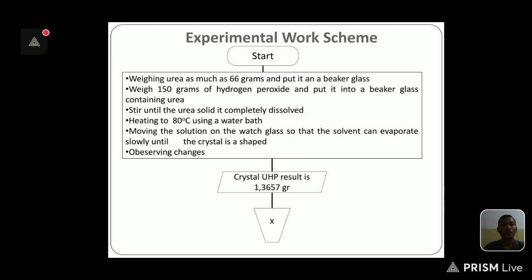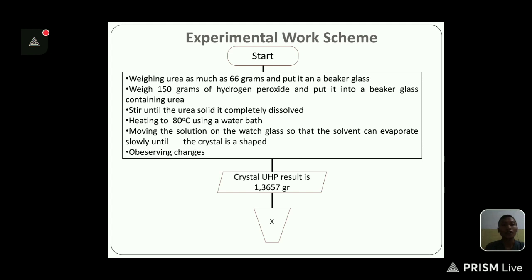As for the working procedure, weigh urea as much as 16.6 grams and put it in a beaker glass. Weigh 150 grams of hydrogen peroxide and put it into the beaker glass containing urea.